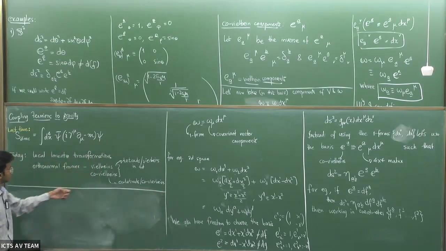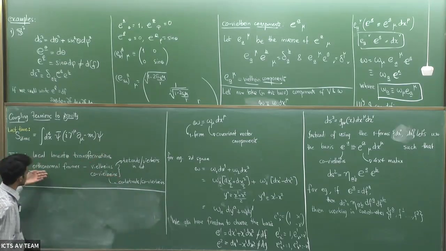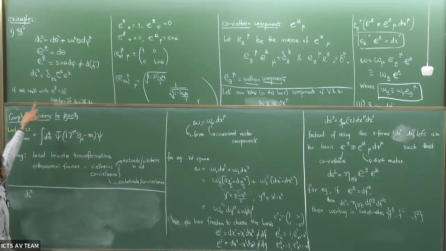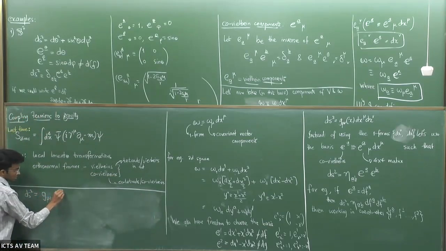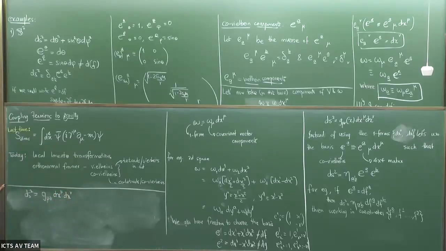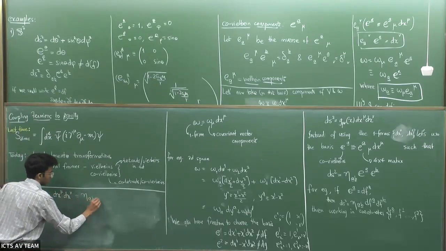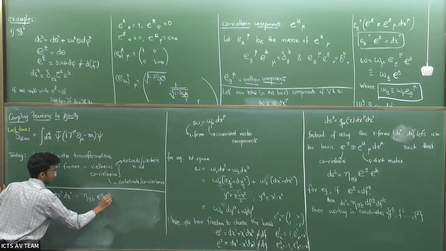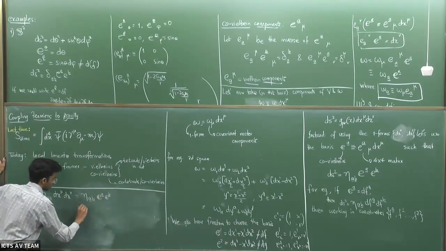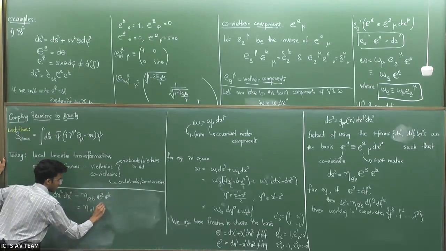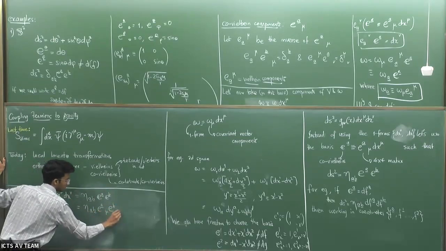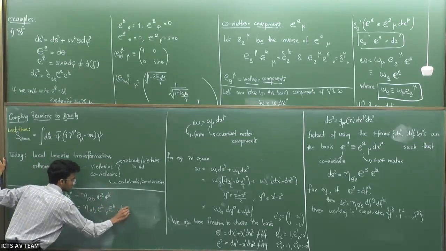So we have introduced co-vielbeins and vielbeins, and orthonormal frames are just these e^A, e_A, e^mu. So we are done with that. Local Lorentz transformation we'll come to. But before that, let me make clear the fact that giving that matrix is the same as giving the metric, because ds squared is g_mu nu dx^mu dx^nu, which is equal to eta_AB e^A e^B. But e^A e^B itself is e^A_mu e^B_nu dx^mu dx^nu.